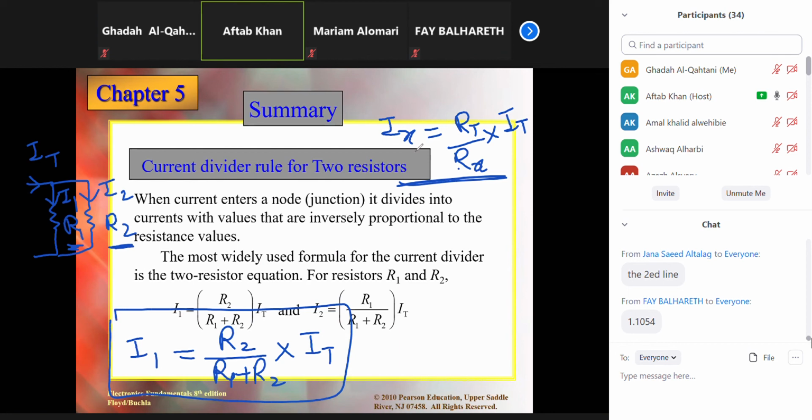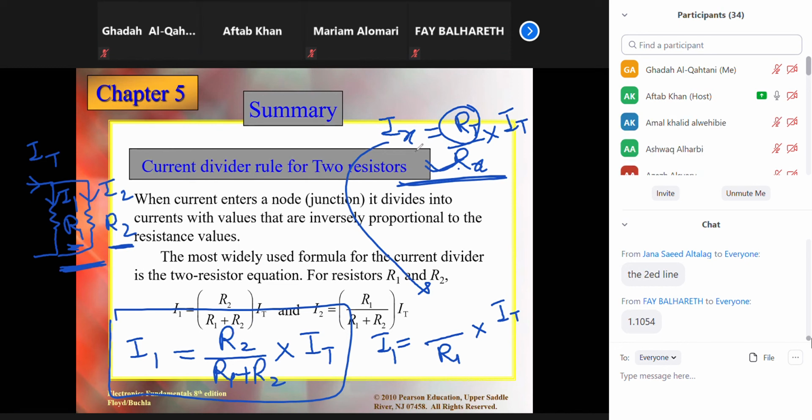And how did it come? It comes from the same general formula. If you put here I1, your formula will become RT over R1 multiplied by IT. And you know how you will be getting RT? Because two resistors are in parallel. Do you remember that, product over sum? So I will be writing R1 R2 over R1 plus R2.